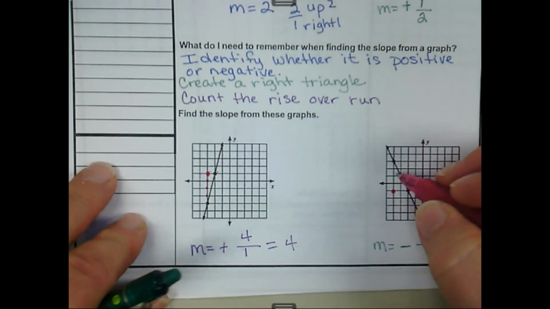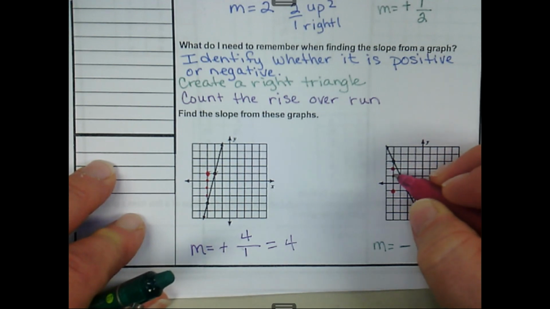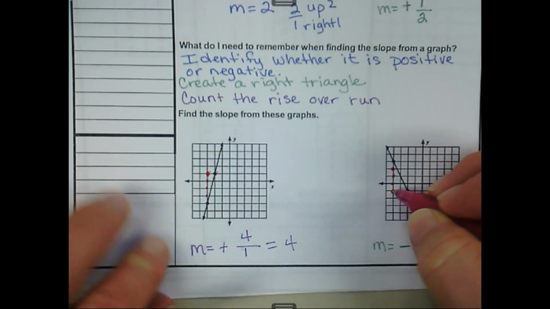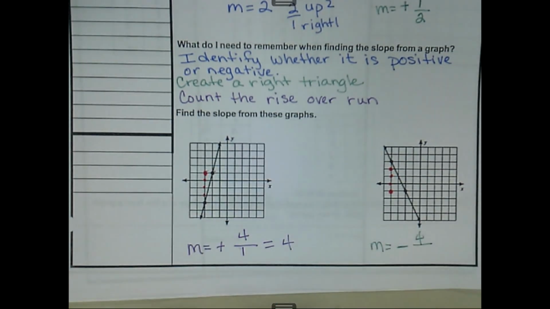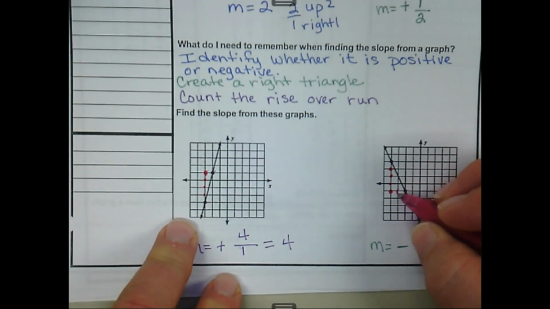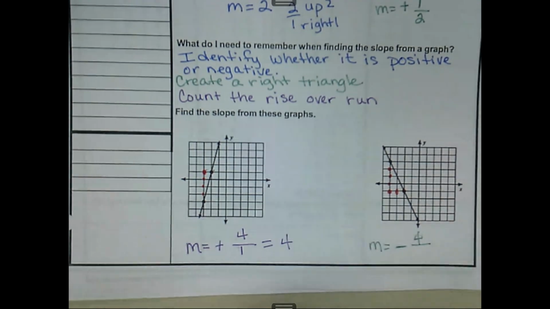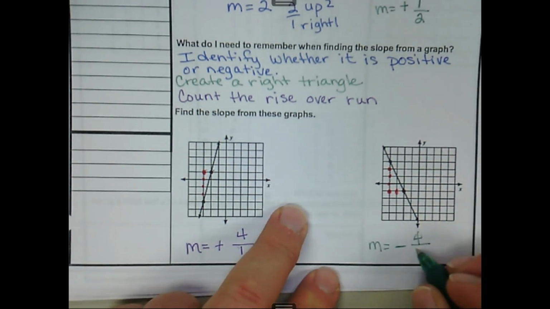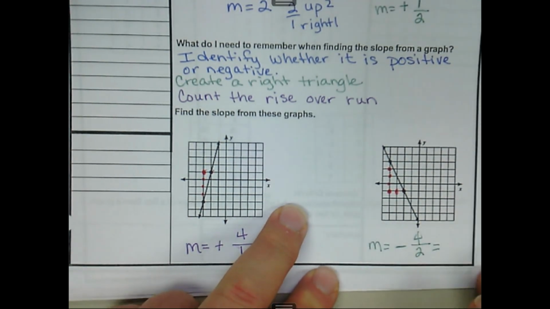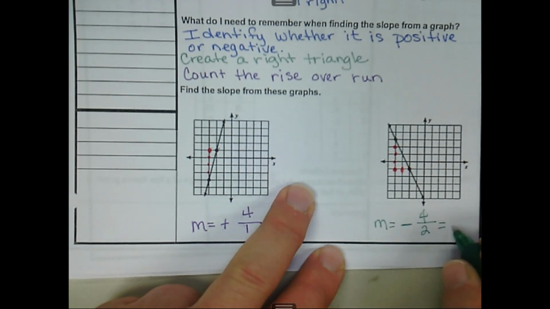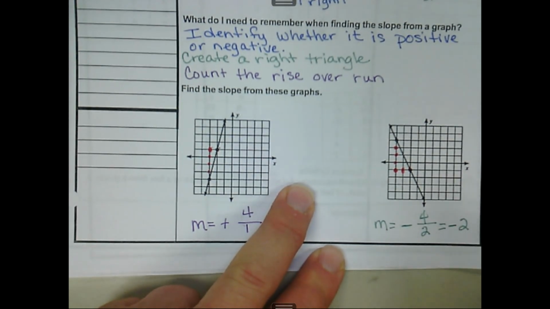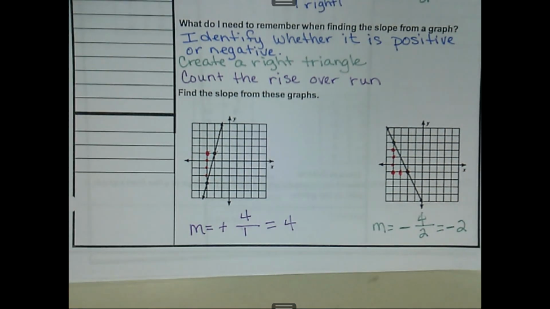I count down 1, 2, 3, 4. I count right 1, 2. Okay, I can simplify because I know 4 divided by 2 is 2. So this is a slope of negative 2.